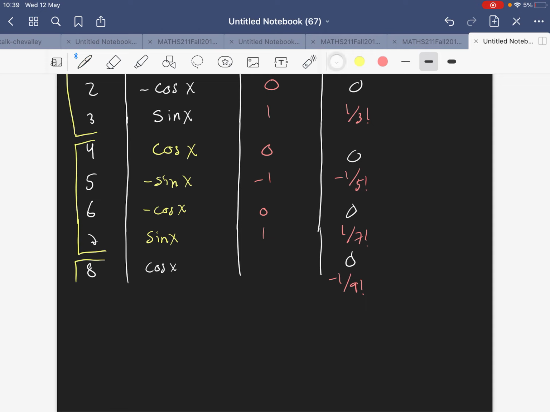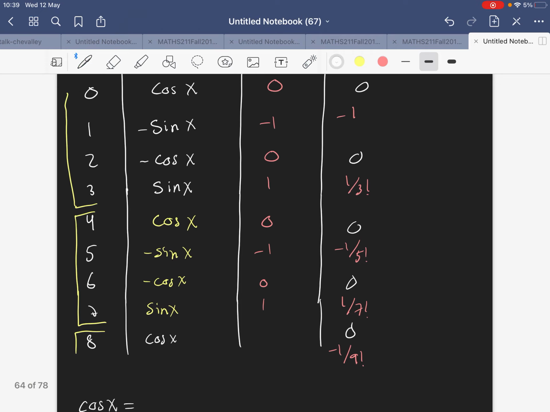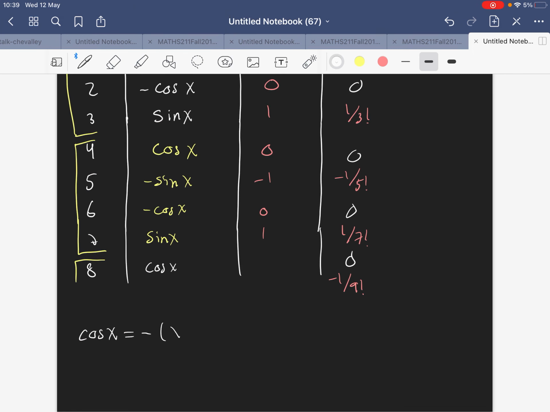So finally, we write the final answer. Cosine x can be written as negative (x minus pi over 2) plus 1 over 3 factorial times (x minus pi over 2) to the power 3, only the odd, and it's alternating.